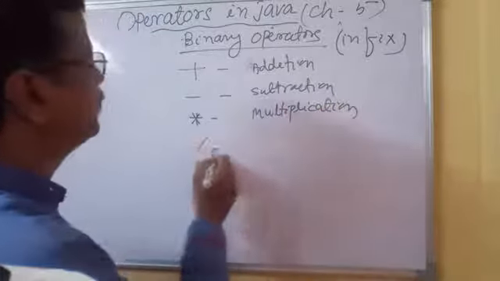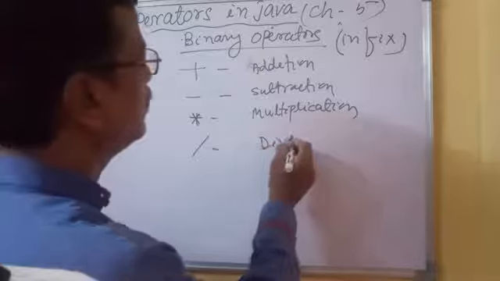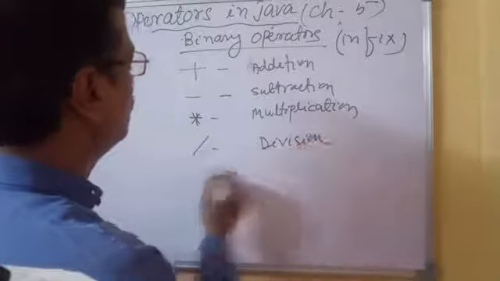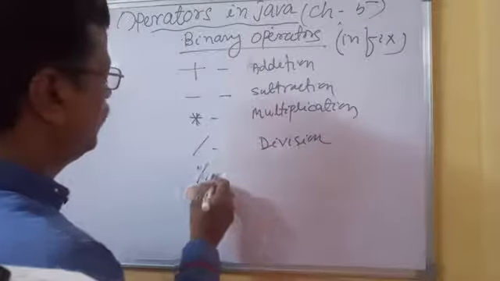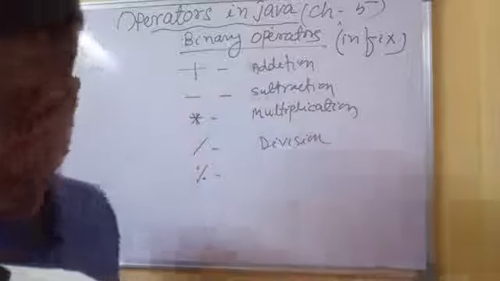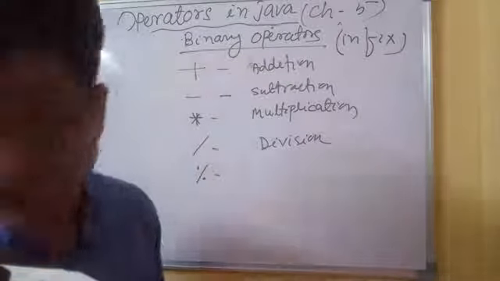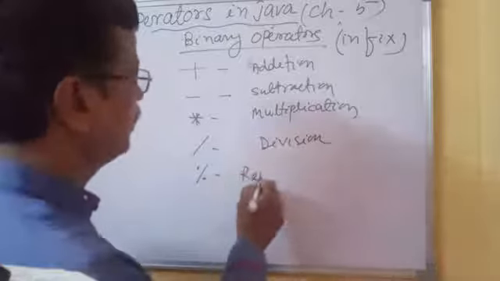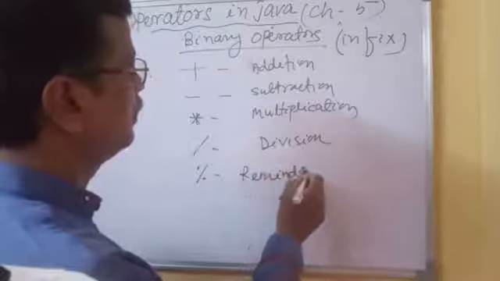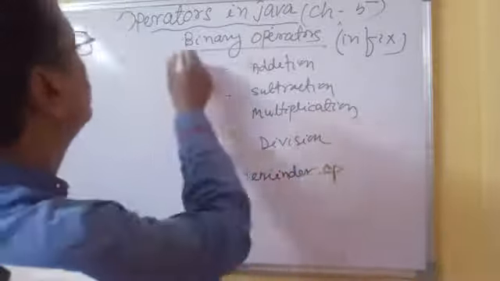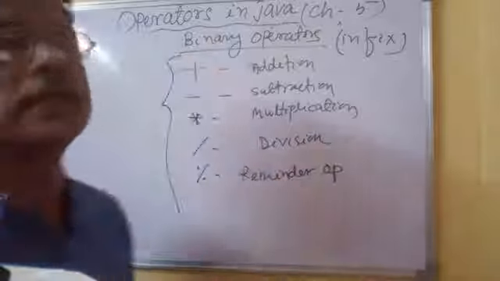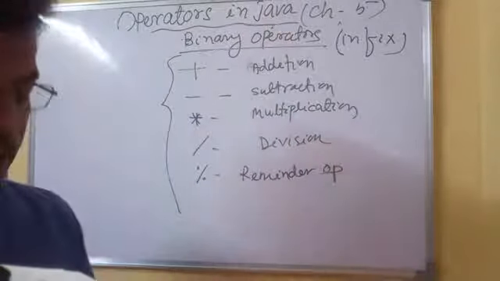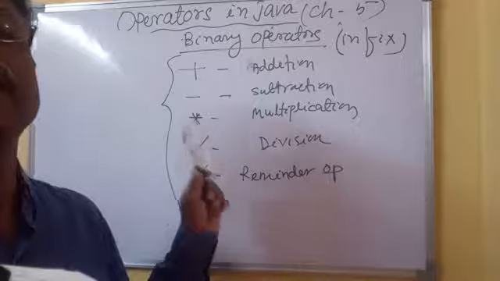Thereafter slash is for division. Then the modulo operator, or remainder operator, both are the same. So in this manner, 5 different mathematical operators are there, and they are binary operators.